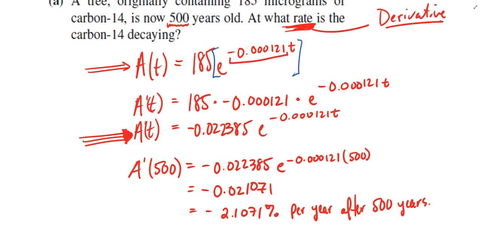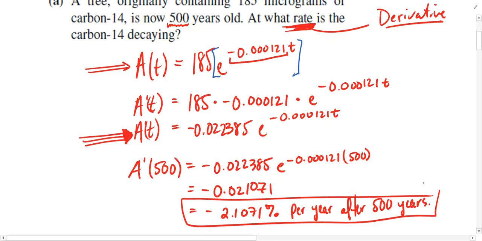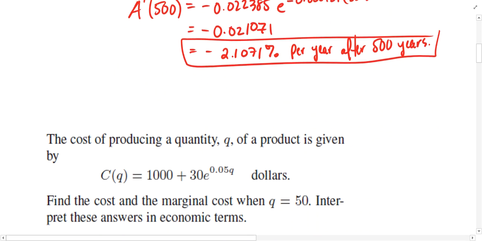While I'm not real familiar with carbon dating, I would assume that the rate of decay changes at different times. So the decay rate might be much quicker at the beginning of the time period, and it might be slowing as the years progress. What we know at this point is that after 500 years, the carbon is decaying at a rate of 2% per year.